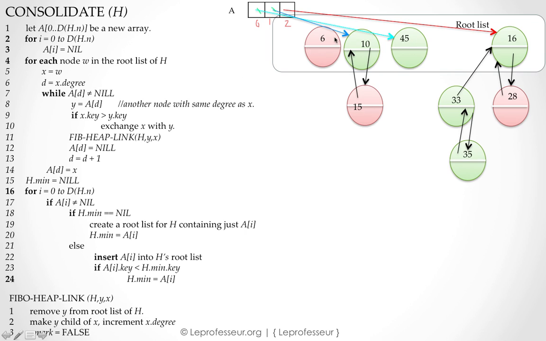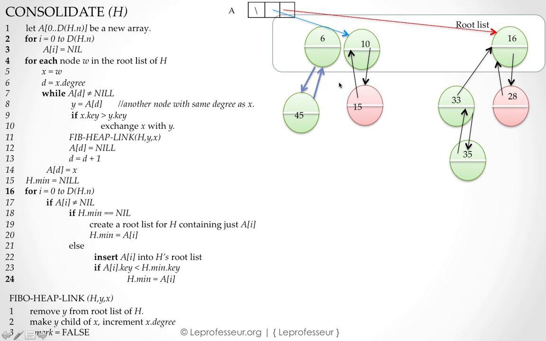We want to compare 6 with 45, because A0 is pointing to 45. So whichever is smaller between 6 and 45 will become the new root, and 45 will become a child of 6.